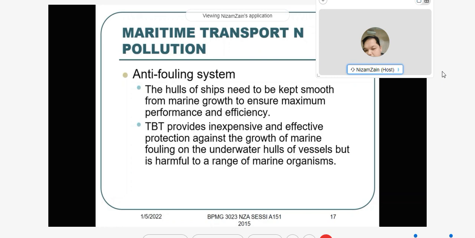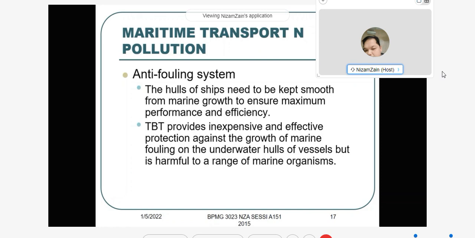Then the other pollution that the ships produce is the anti-fouling system, right? This also involves chemicals that are used to clear up the fouling of ships.